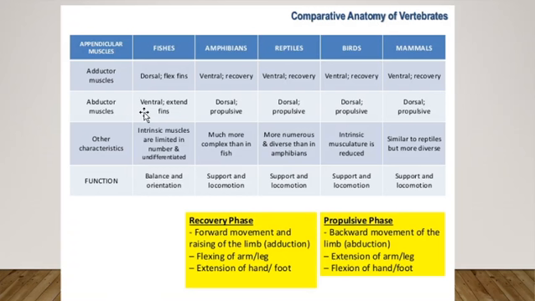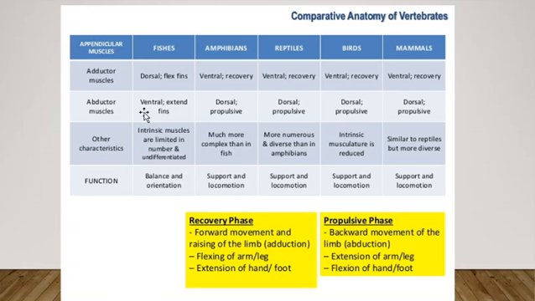In terms of function of these appendicular muscles, in fishes, the function is more on balance and orientation. But in higher forms of vertebrates, from amphibians to mammals, it is more on support and locomotion.